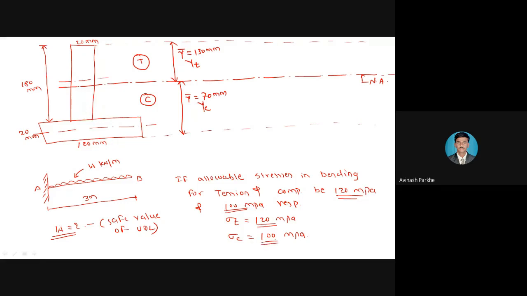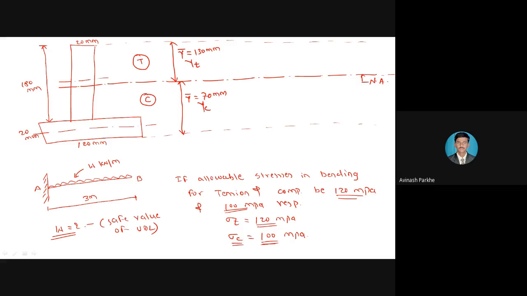This means the T section can sustain tensile stress up to 120 Newton per mm square, or megapascal, and compressive stress up to 100 megapascal.